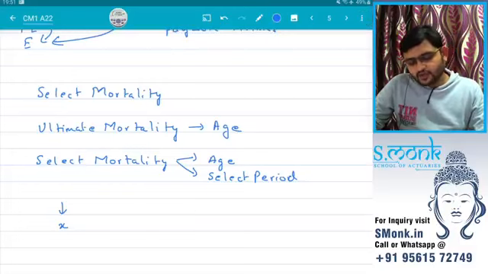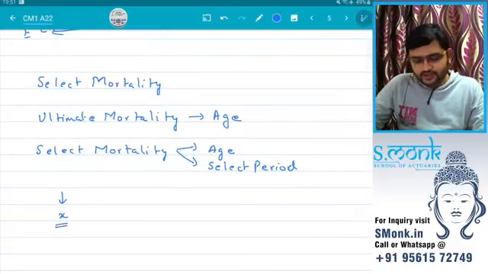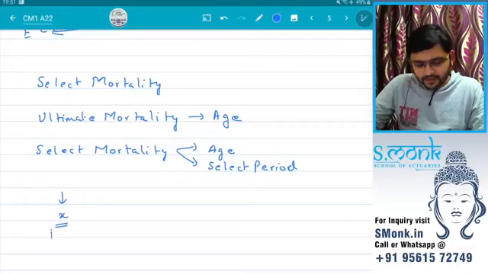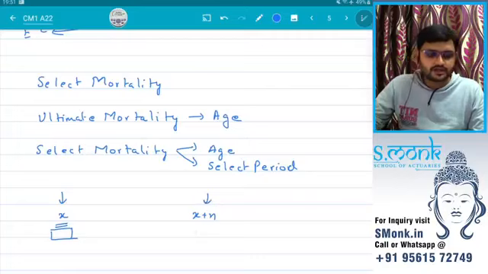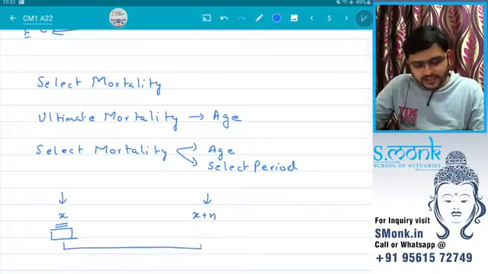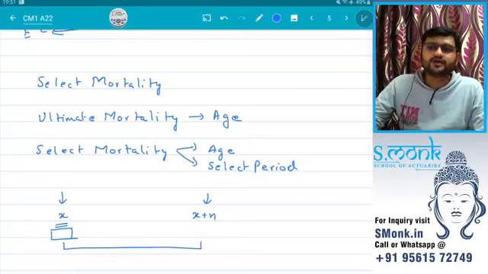So if a person who is age X, we know is healthy, at this point in time we did a general checkup and the person is healthy, it does not mean that after age, let's say X plus N, the person might also be healthy. Maybe between these ages the person developed some kind of problem, some kind of disease. Maybe the person became disabled, maybe an accident happened, something, right?